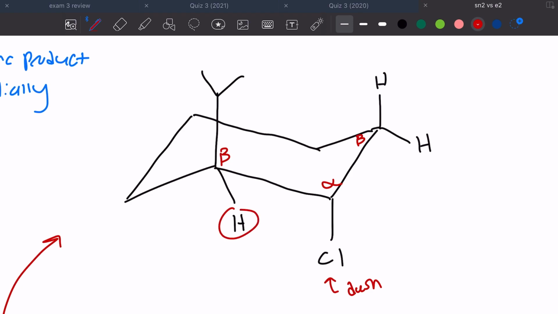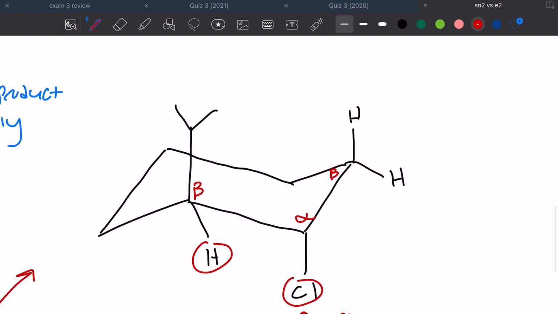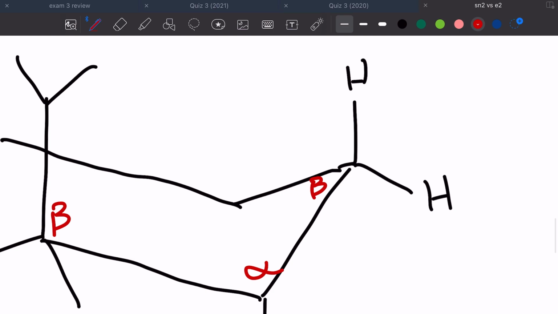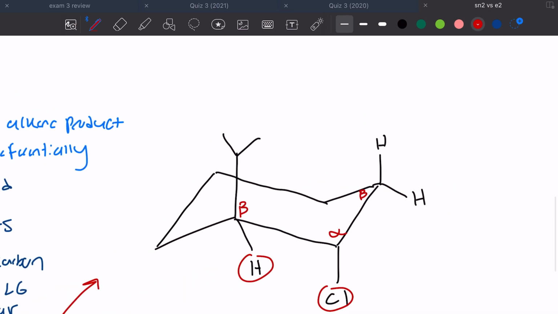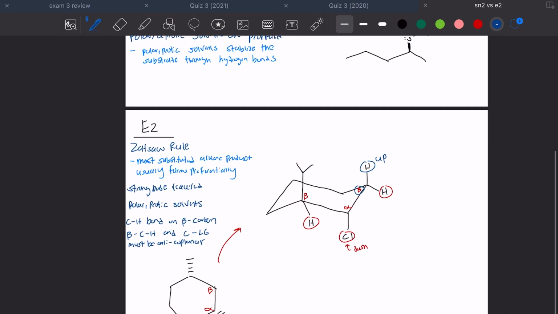So both this hydrogen and chlorine are in the same plane, so they're actually not anti-coplanar, and we would not be proceeding via this beta carbon. But when you look at this beta carbon up here, it has 1 that is not anti-coplanar, but it has 1 that is anti-coplanar because it's going up. So we're going to use this beta carbon for our mechanism.